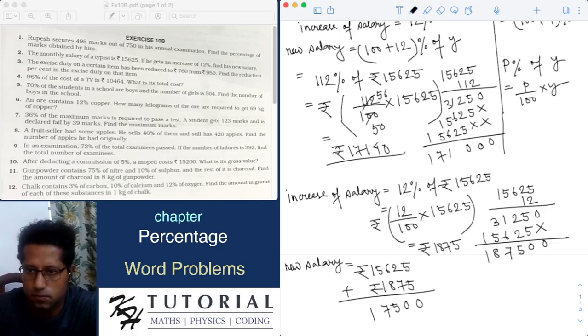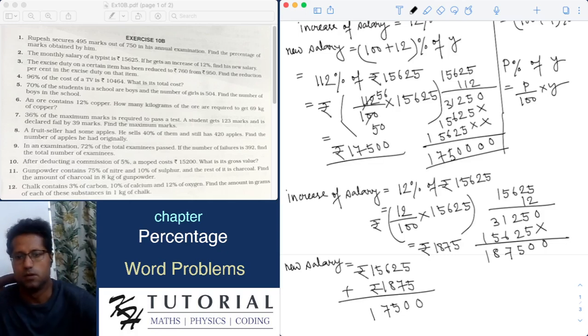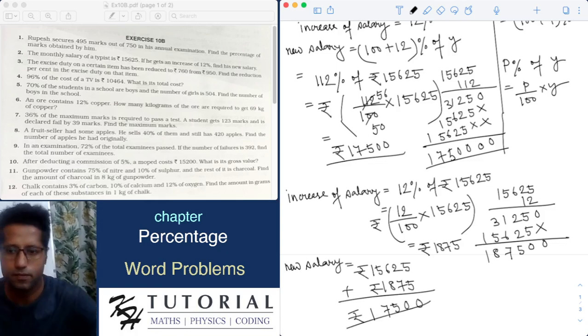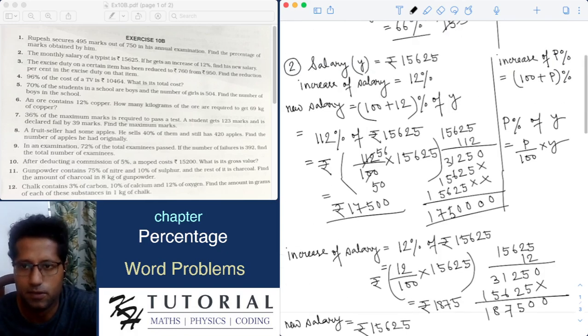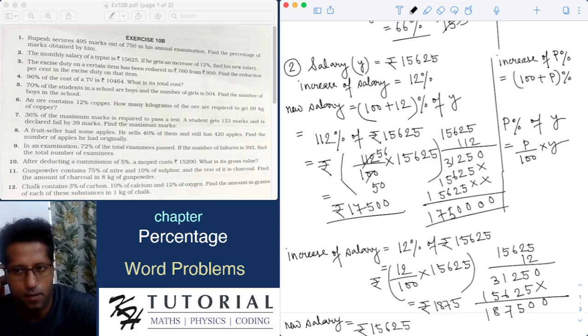This will be 0, 10 and 8, 9, 15, 15 and 7. Okay, so this is right. This will be 17500. So the answer is rupees 17,500.